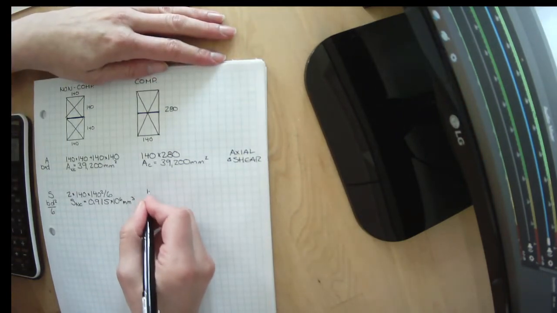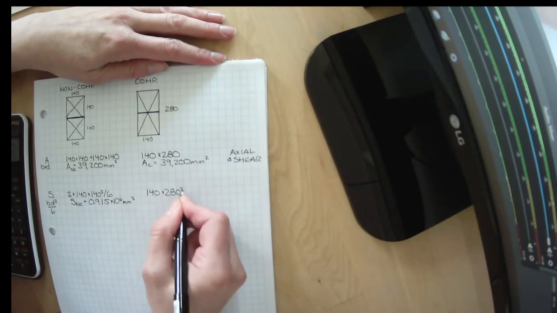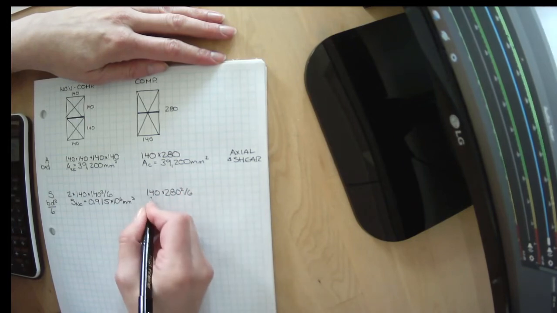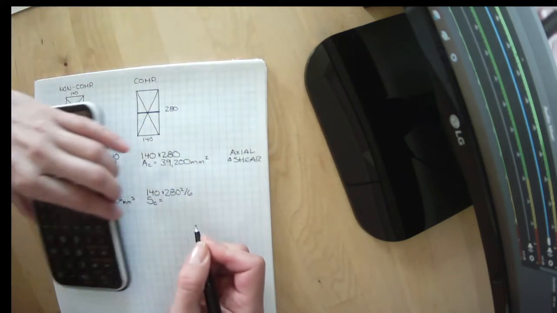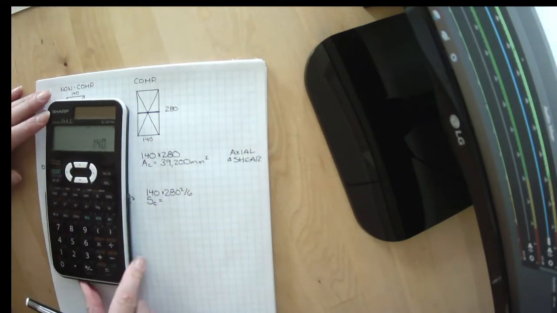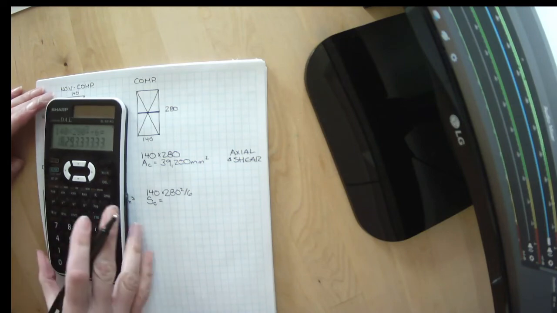So we have 140 by 280 squared divided by 6. So the section modulus for the composite version is 140 by 280 squared divided by 6.